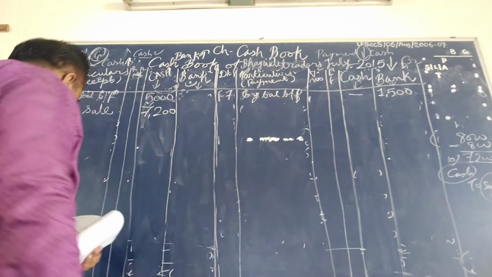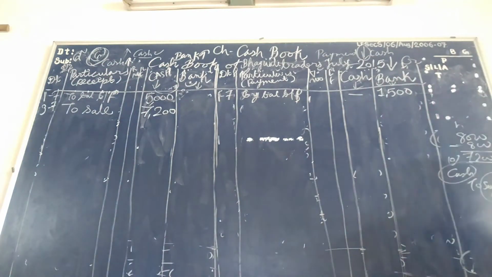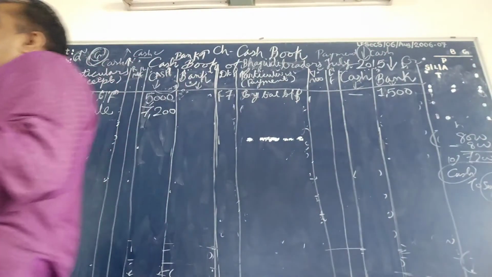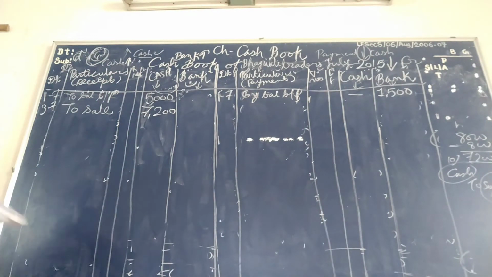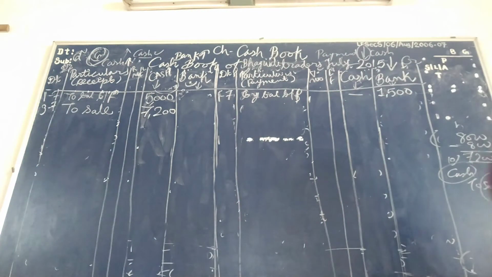Now the next one, 5th of July, 3,000 deposited in the bank. Okay, so the journal entry will be passed as bank to cash. We deposited cash in the bank. What goes out will be credited.